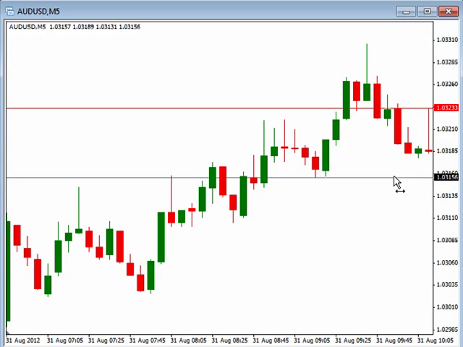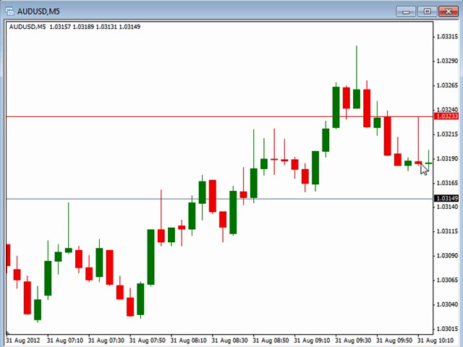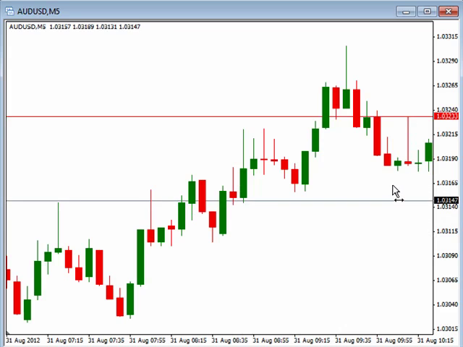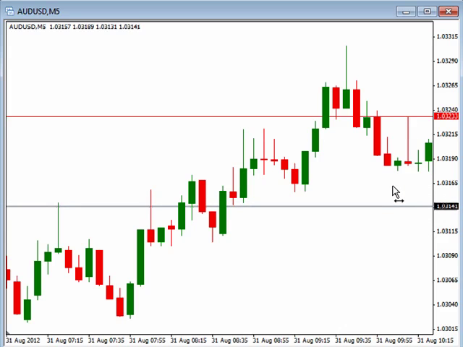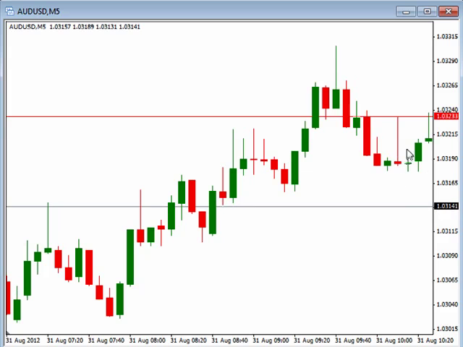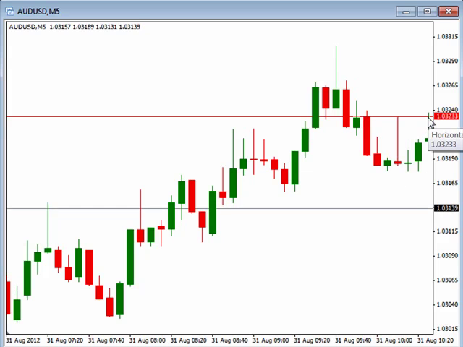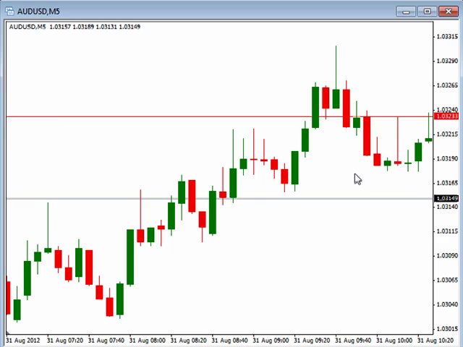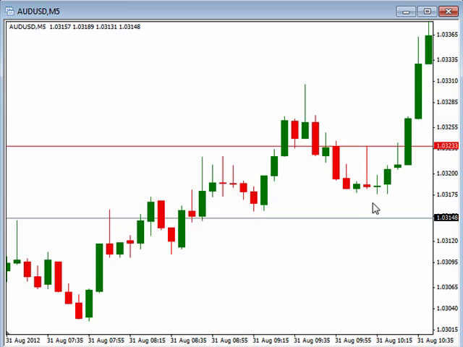Move forward. That's still the highest high of the last three. Still the highest high of the last three. Eventually, we'd have gotten in right here. Not at a great price, but we got in nonetheless. You can see that it ran up from there.